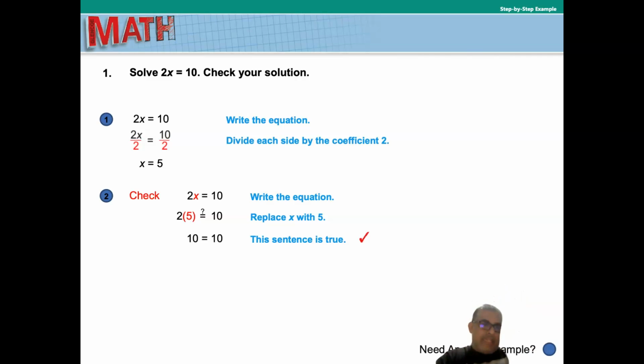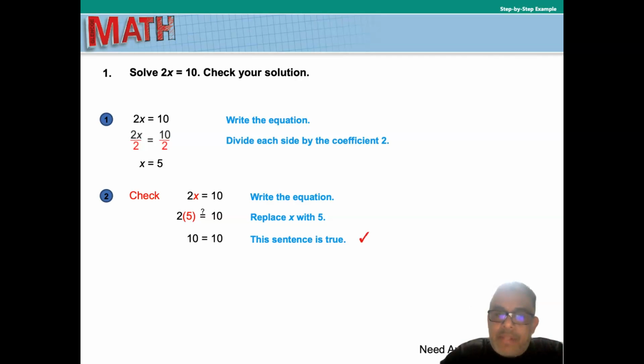Yes, I understand. Some of you have a question, but Mr. Olmedo, I did mental math, and I know that that number has to be 5 because 2 times 5 is 10. Why do I have to do it? Because we're applying a property here, which is the division property. Dividing 2 by 2 gives you a quantity of 1.